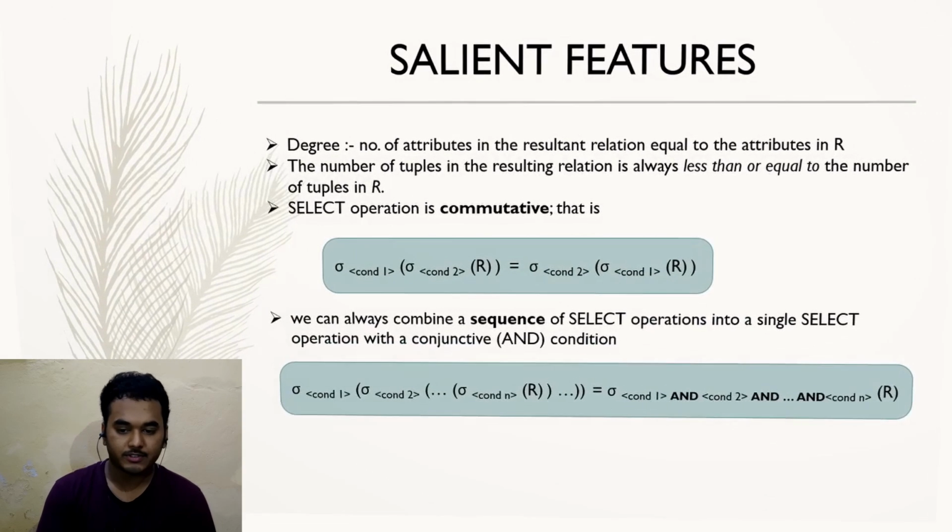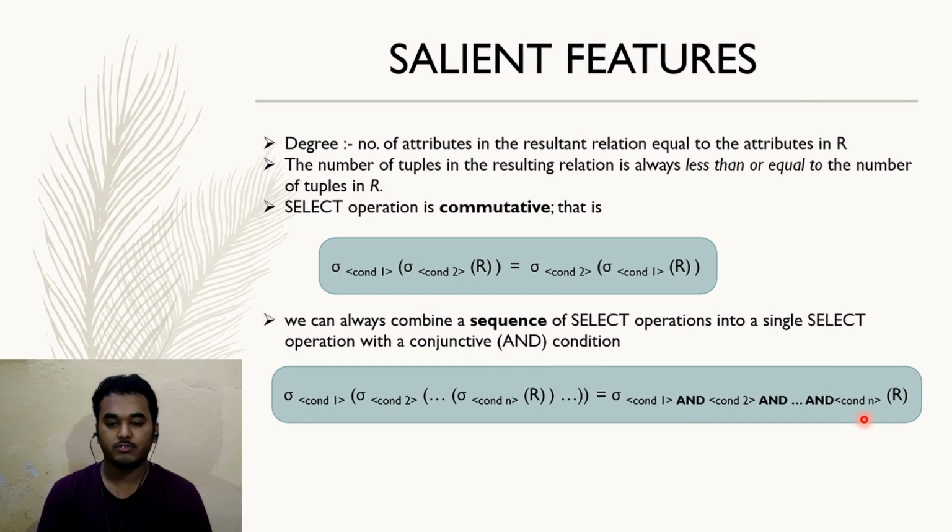There are some salient features of the select operation which are to be noted. Degree of operation: by this we mean the number of attributes in the resultant relation. In the select operation, the number of attributes in the resultant relation is equal to the attributes present in R. The number of tuples in the resulting relation is always less than or equal to the number of tuples present in R. We should also note that the select operation is commutative, that is, the order of the select operations is irrelevant.